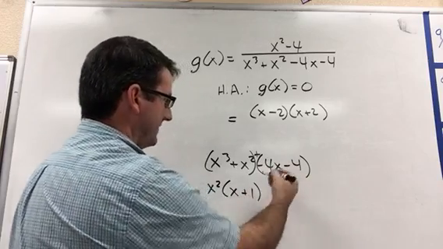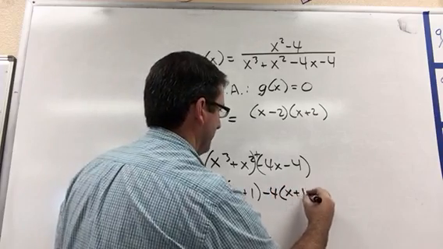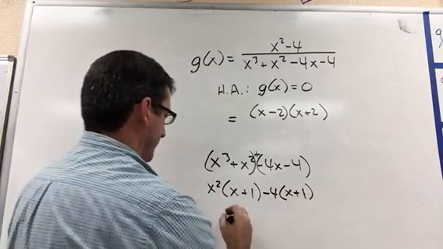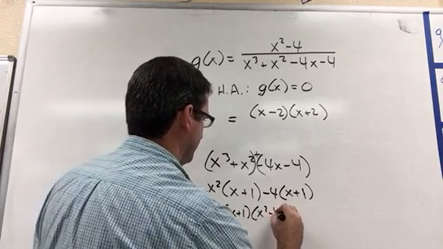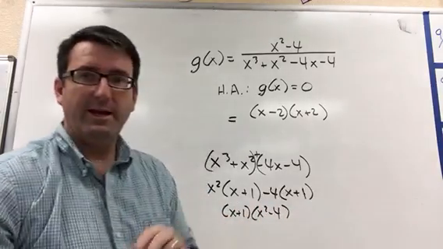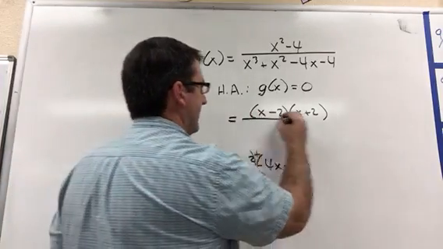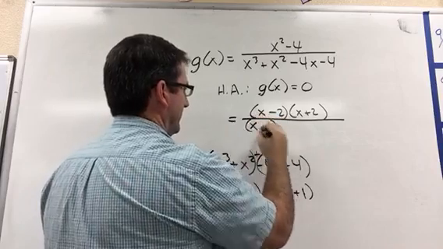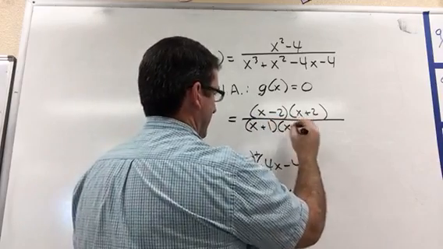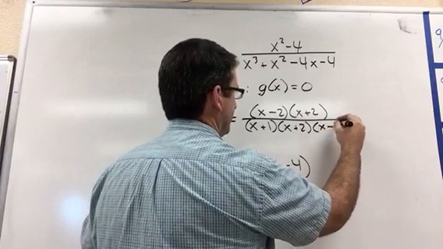Over here we'll factor a negative 4 out of that, and we're left with x plus 1. And so we get x plus 1 times x squared minus 4. And x squared minus 4 is a difference of squares. So the denominator here is going to be x plus 1 times x plus 2 times x minus 2.